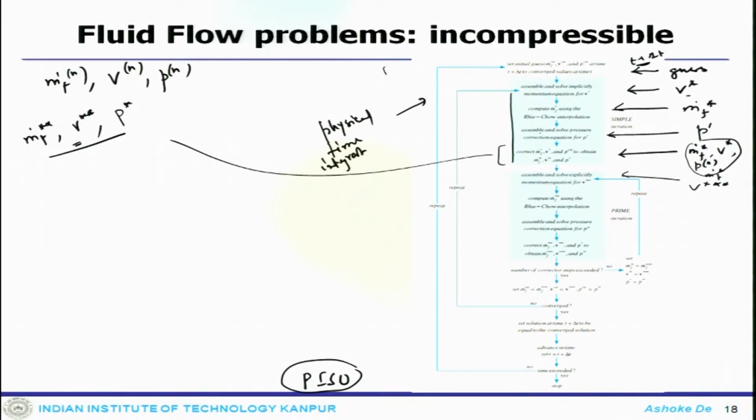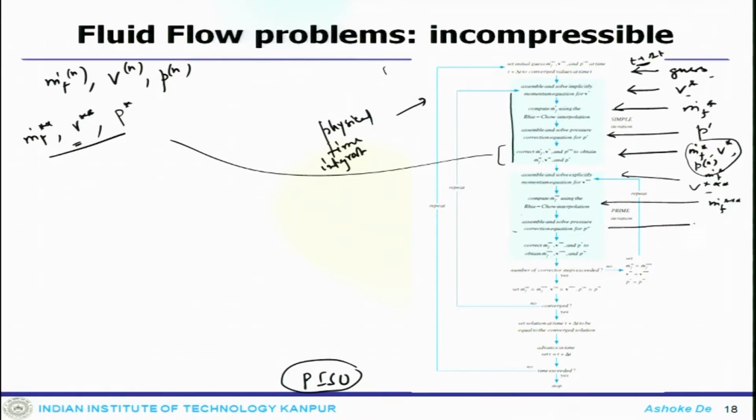The first level you do the SIMPLE kind of algorithm, starting with the guess value. Once you get a corrected value, you use that for the next level of the algorithm where you obtain v star, v double star. Then again you calculate the m dot f triple star using Rhie-Chow interpolation.